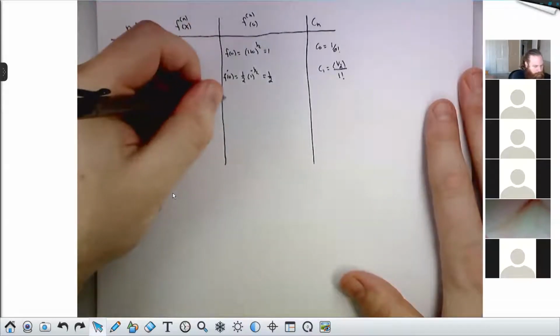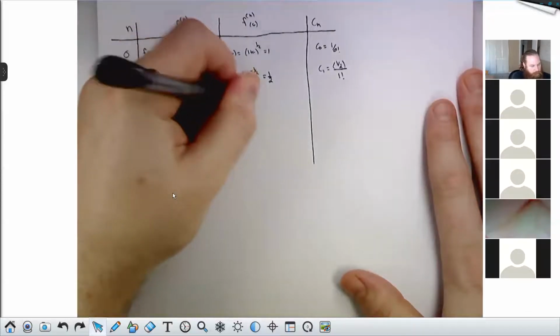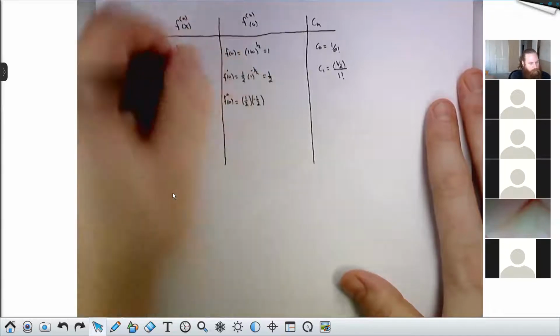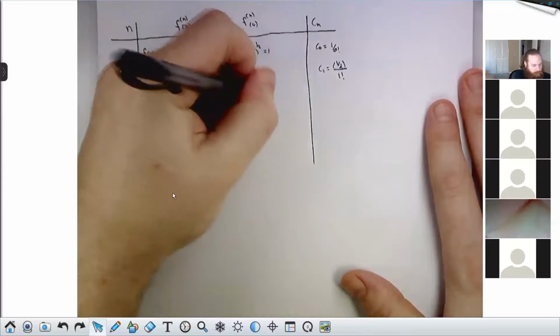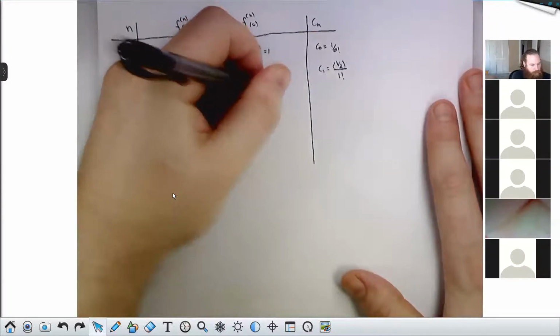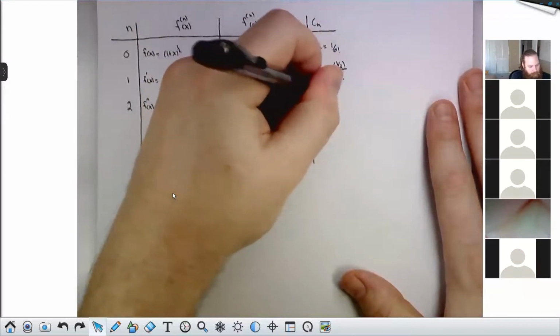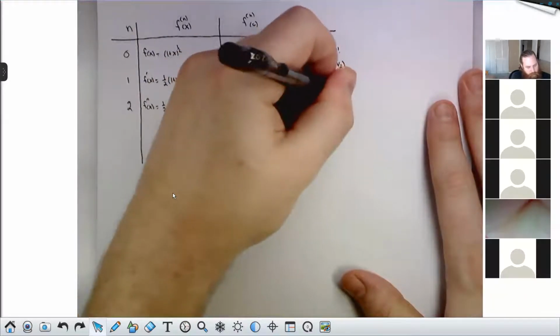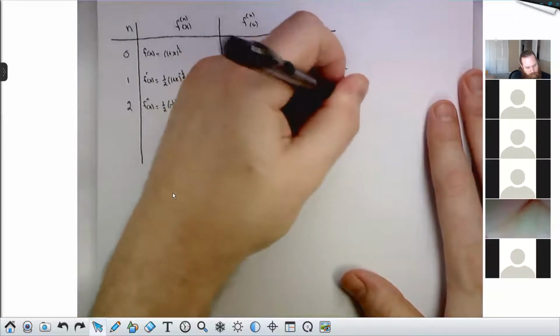So f double primed of 0 is 1/2 times -1/2 times 1 to the -3/2. But this piece is just 1, so that's 1/2 times -1/2 over 2 factorial.